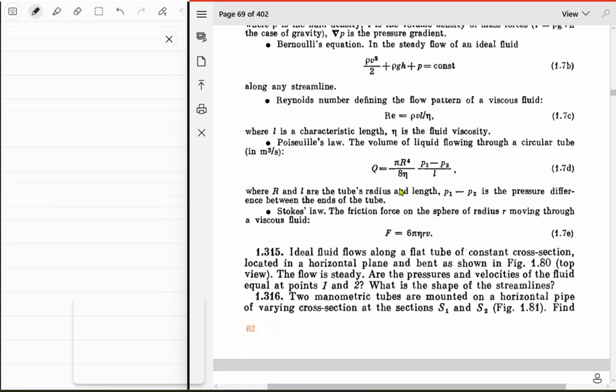And so delta P upon Q, that thing is called the fluid resistance, which is of course just 8 eta L upon pi r power 4, right? And L is the length of the tube, of course. So I mean, look at that. It's just 8 L upon pi r power 4 times eta. That's what the resistance is.